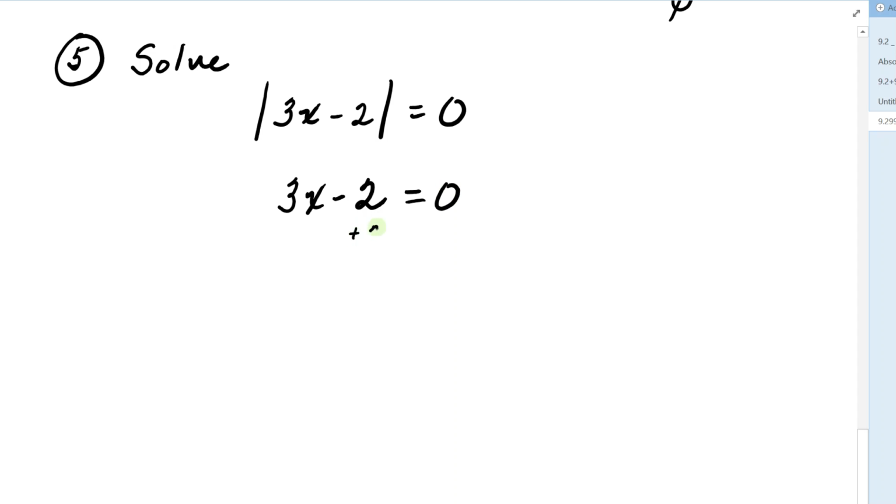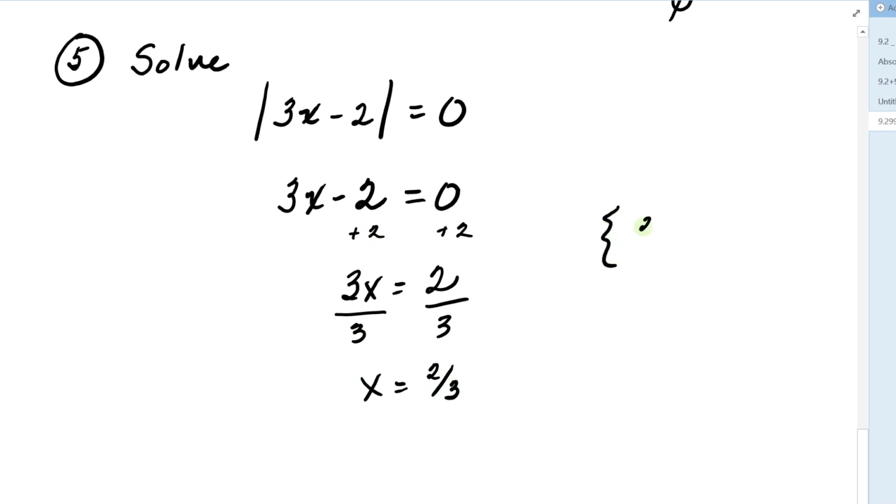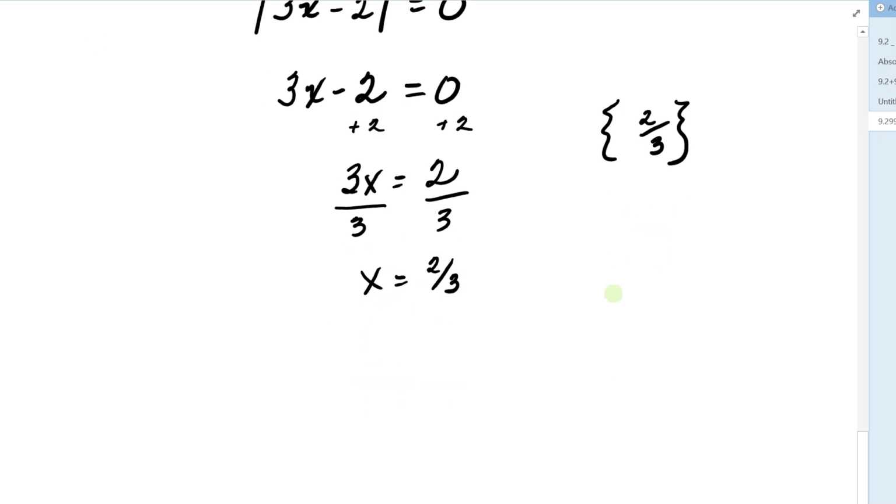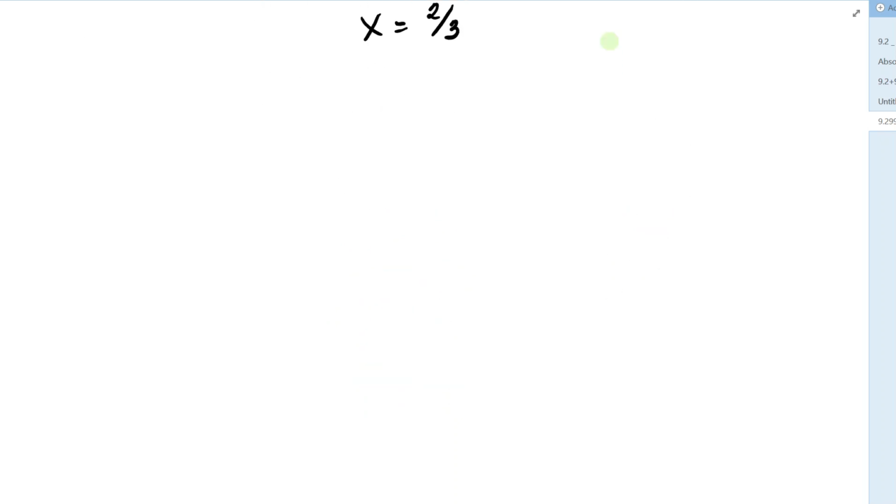So add 2 to both sides. 3x is equal to 2. Divide by 3. And x is the fraction 2/3. My solution is 2/3.